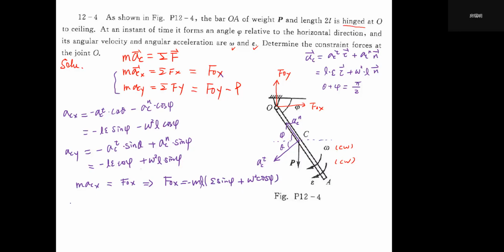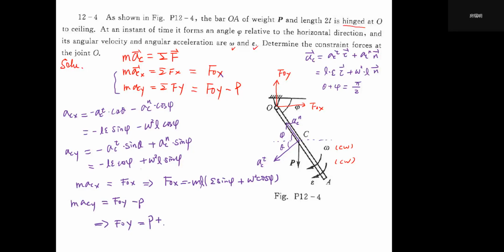And we have MACY equal to FOY minus P. So we can find FOY equals P plus this one.